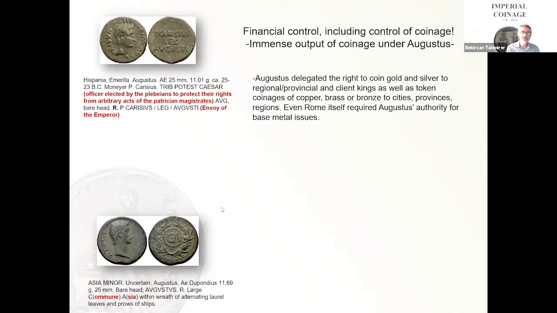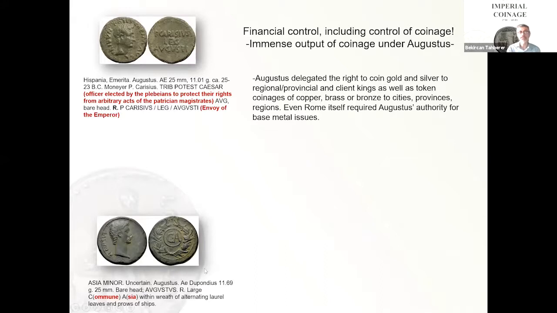Anyways, in the middle of the reverse design is CA, and most people agree that it stands for Commune Asia. But one thing that gives us a small clue is that the laurel wreath connects on the upper side of the coin with prows of ships.